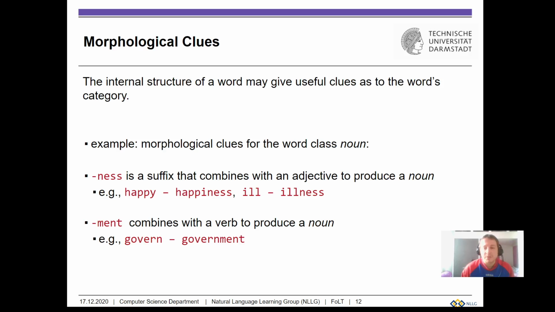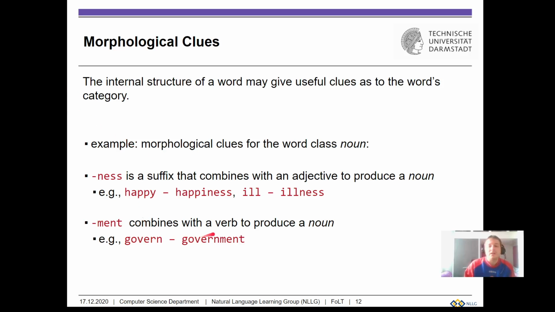The linguistic process by which these words have been derived can also be traced back in many cases. Oftentimes when a word ends with ness, it has been derived from an adjective, and then the ending ness has been added to produce the noun, such as in the cases happy to happiness, ill to illness.